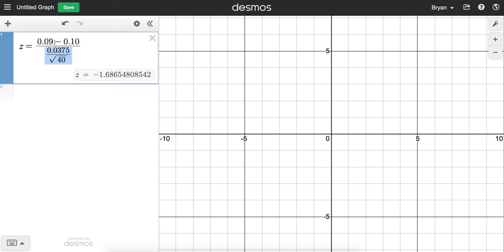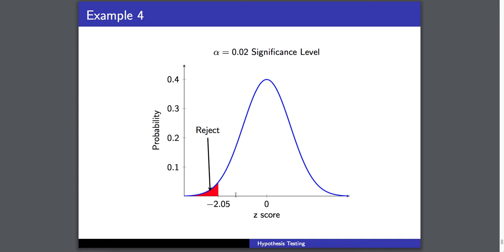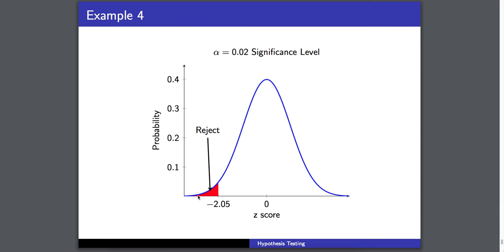That gives us a z-score of negative about 1.687. And negative 1.687, visually, would probably be right about here. Notice this, where I have the mouse cursor, is not in the red rejection region. So according to our test statistic of negative 1.687, when we compare it to negative 2.05, and it is a left-tailed test, it is not in the rejection region.